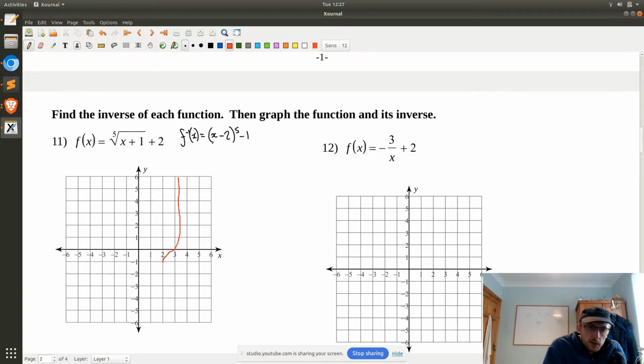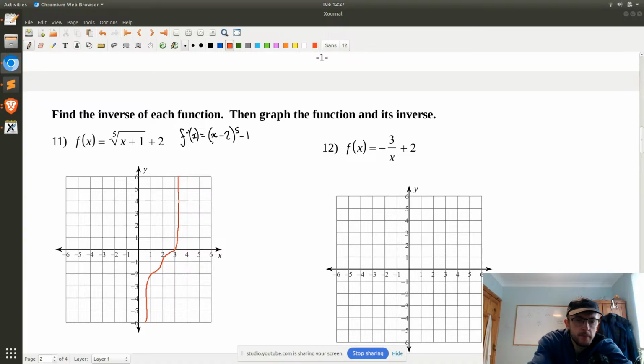There's the inverse. You know what? Oh, that doesn't look right at all. So we fix things. Okay. Very important.